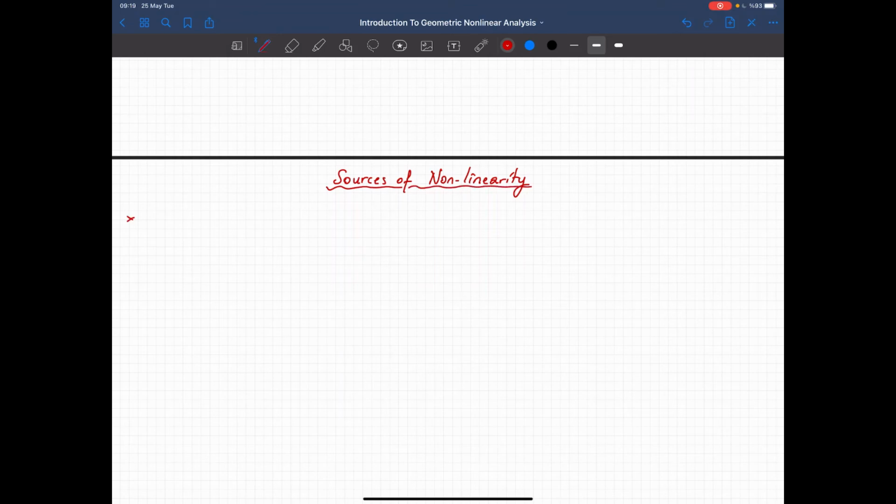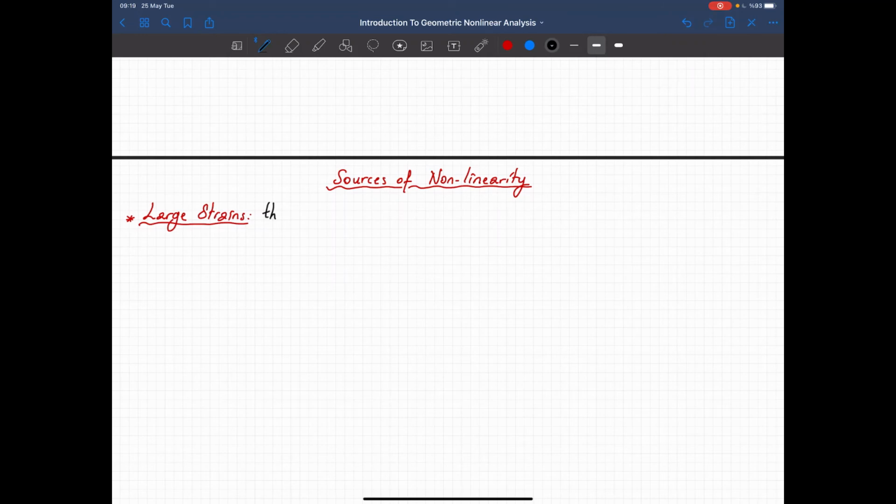So one of the sources is large strains. You can have small deformations but large strains. Imagine that you have a rubber and you just apply an axial load. The displacements are small but the deformation is large. But what is the limit between small and large strain?